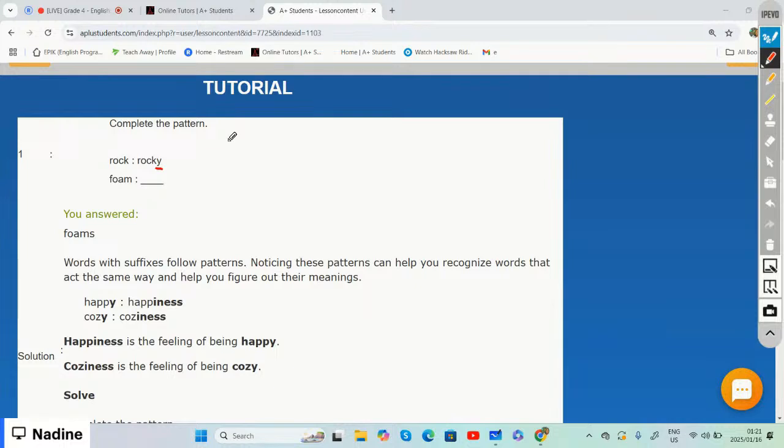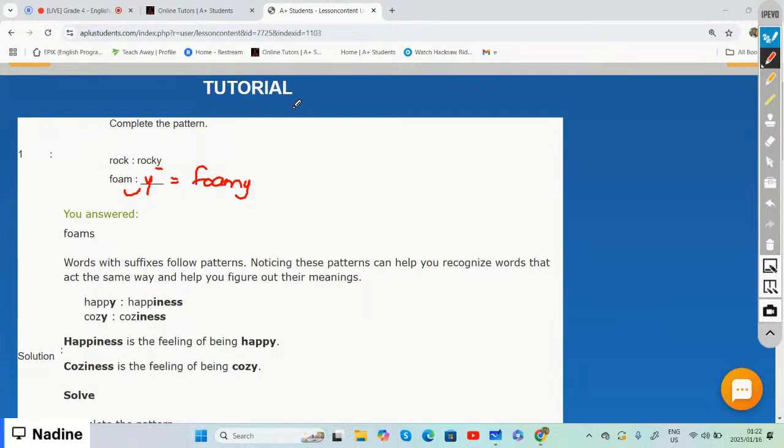So rock becomes rocky. So if we added only a Y to that specific word, knowing that we follow a pattern, we're going to add a Y to this word also, and then that becomes foamy. Because we are following a pattern.